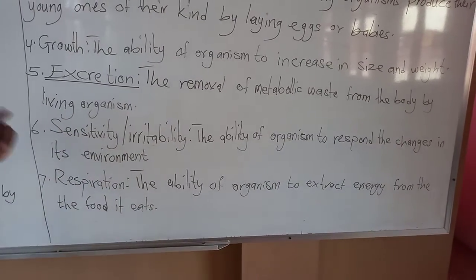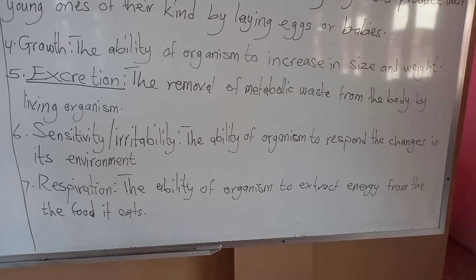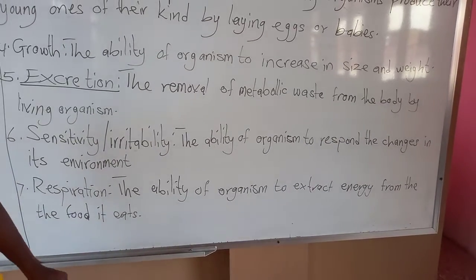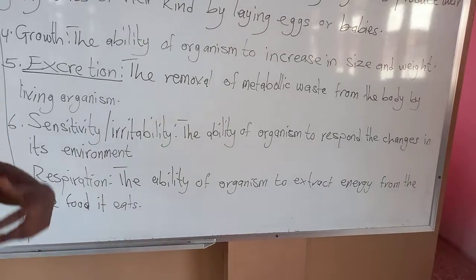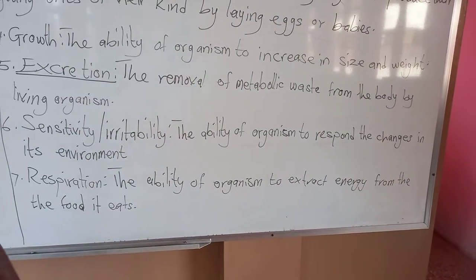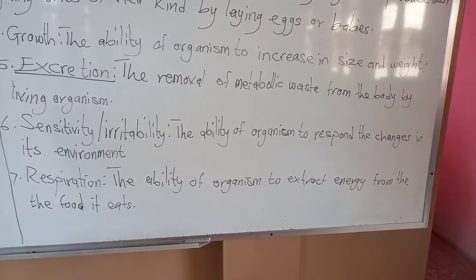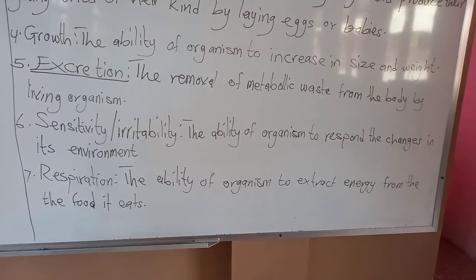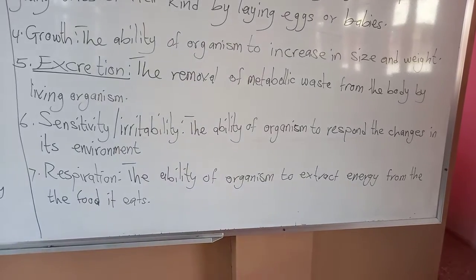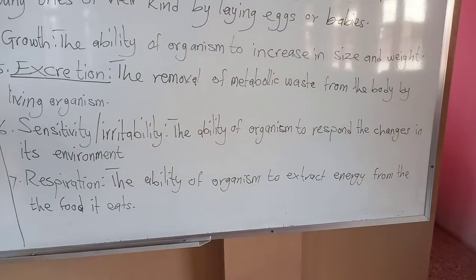Now when we talk of metabolic waste, it doesn't mean the wastewater you produce in the house and throw into the gutter. No. Or maybe you visit the washroom, then your poo is not metabolic waste. When we talk of metabolic waste, it is produced in the cells of our body. The cells of what? Our body.